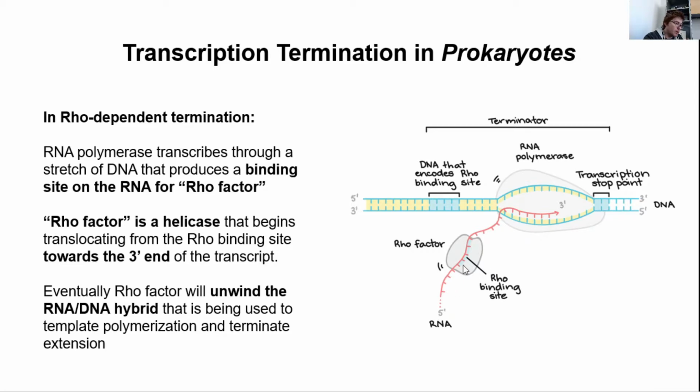And what is Rho? Well, Rho is a helicase. And you'll recall from the earlier lectures that helicases are enzymes that use ATP to translocate on RNA or on nucleic acids and unwind strands from one another, right?